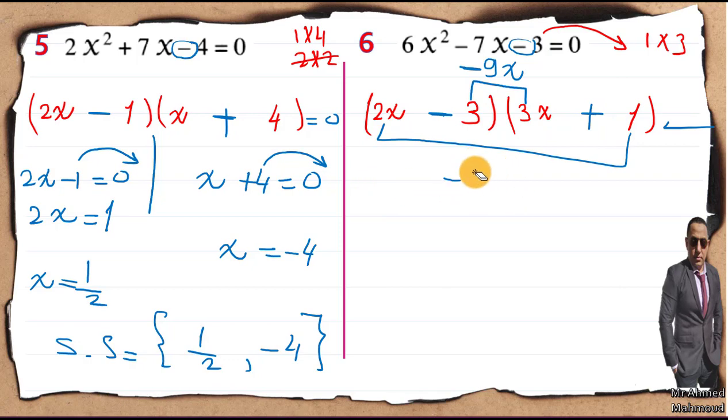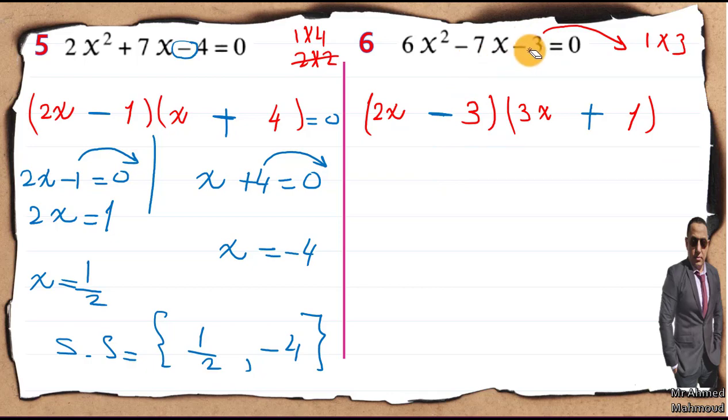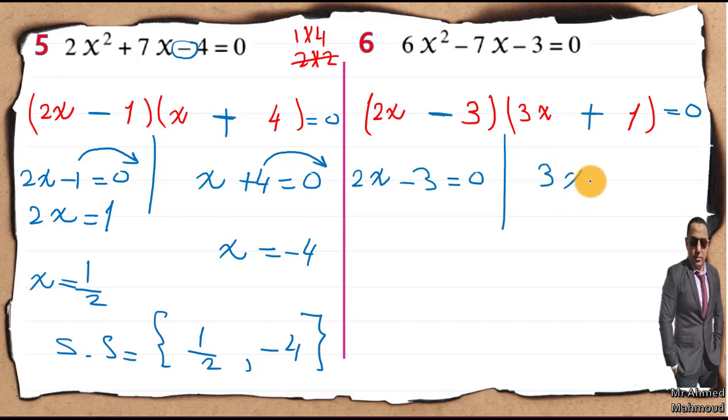Okay, I'm going to complete the equation. Here, don't forget we have 0. Separate the two brackets. 2x minus 3 equals 0 and 3x plus 1 equals 0. The first one, I'm going to send the minus 3, so 2x equals 3, and then I'm going to send 2 divided, so x equals 3 over 2.